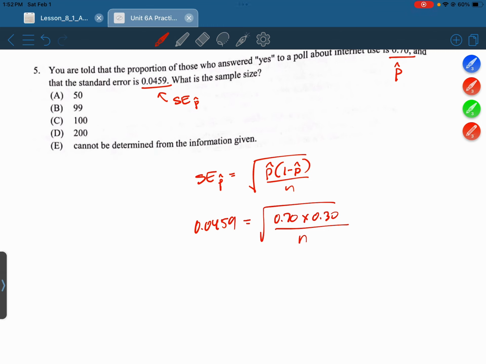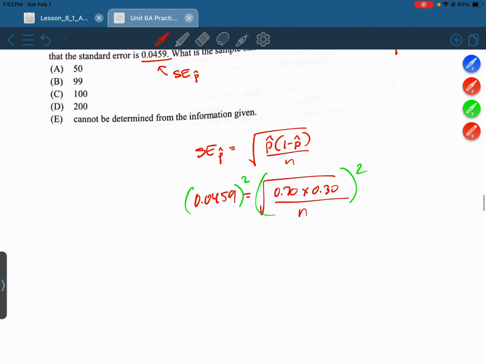Okay. All right, first thing I suppose I would do is square both sides, just get rid of that square root. So 0.0459 squared equals 0.70 times 0.30 over n.